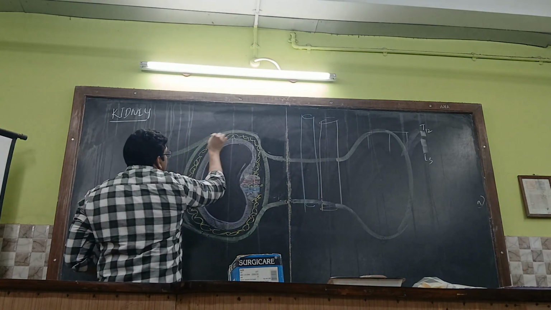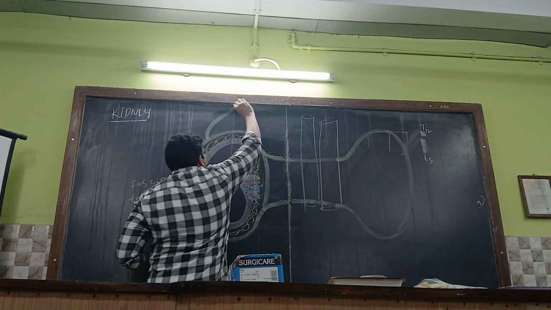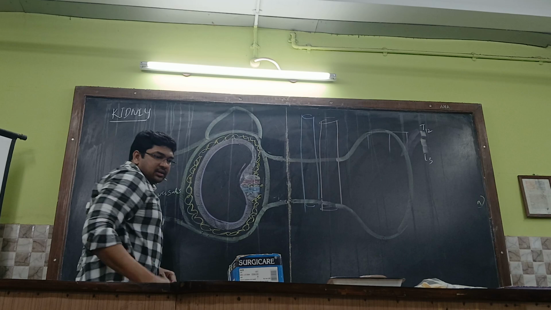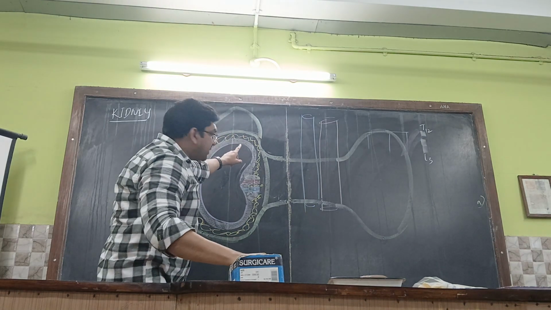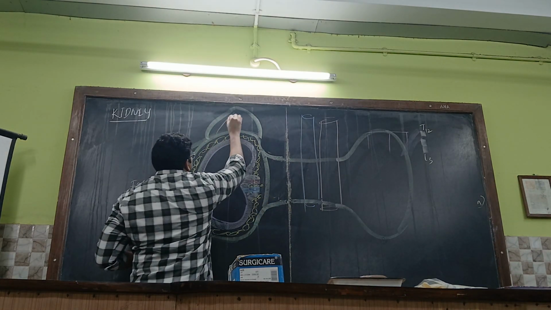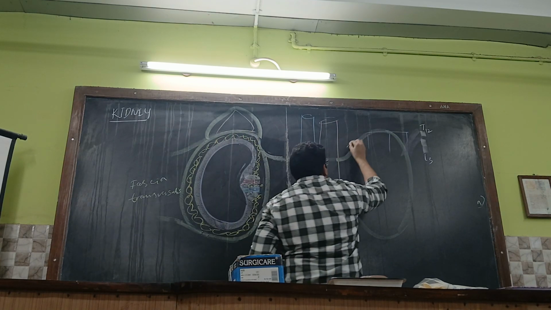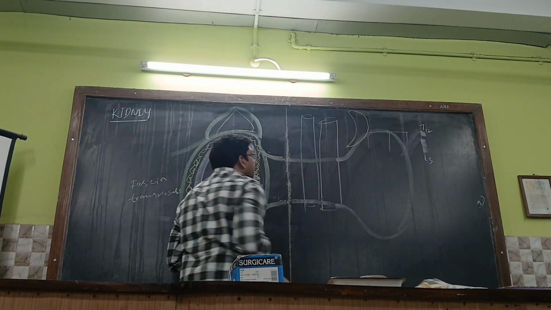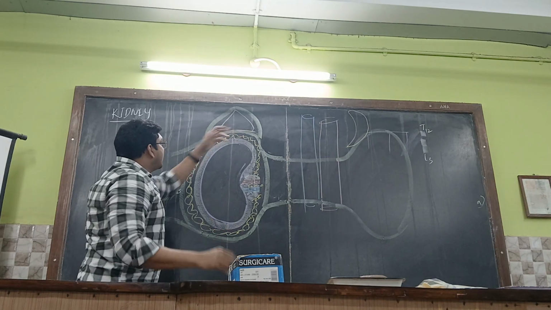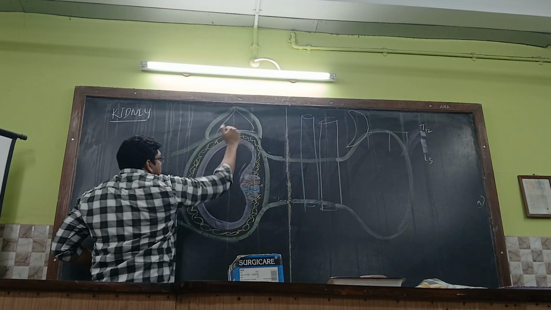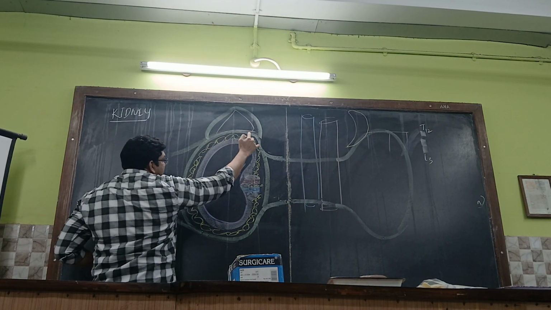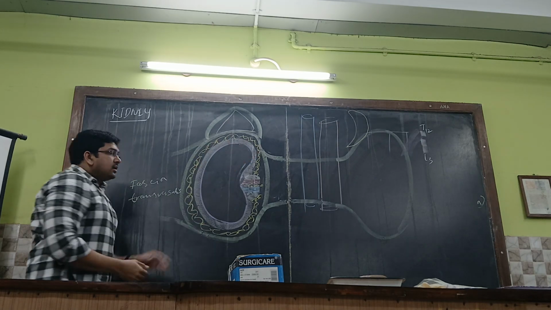Above, it will be enclosing a space for the suprarenal gland. For example, the right suprarenal gland is over here, and the left suprarenal gland will be in this one. If you take the right suprarenal gland, just below it this false capsule is continuous with the kidney.